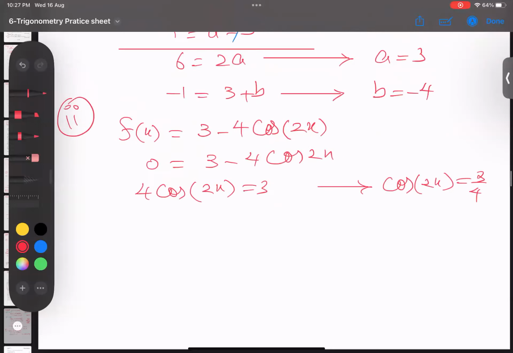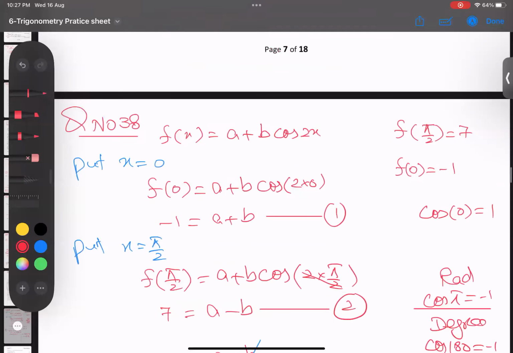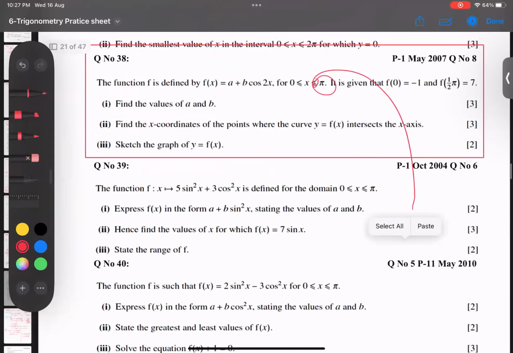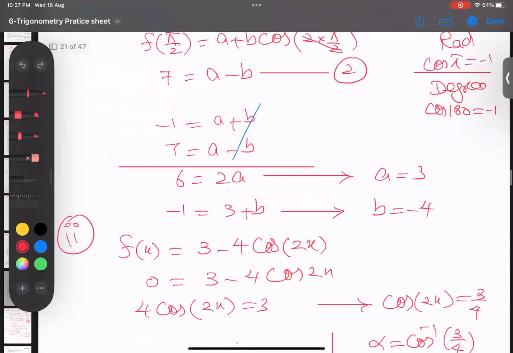And now I'm going to take radian, so I'm going to solve here. Wait a minute. If I take alpha for a while, it's called the principal angle, and alpha is cos inverse 3 upon 4. Make sure the question is in radian mode. Don't forget it, okay?